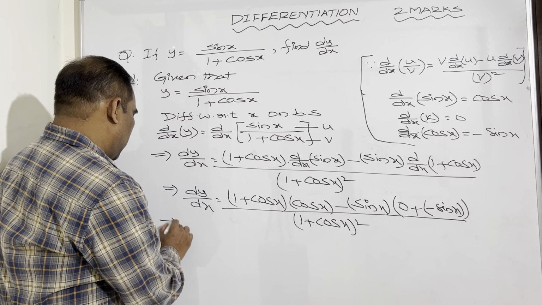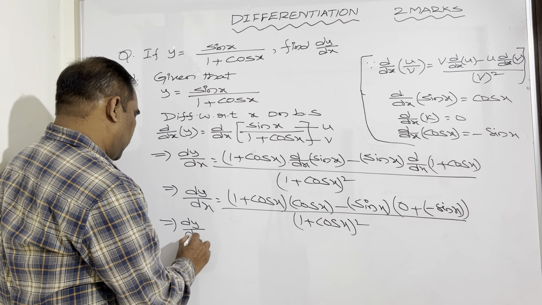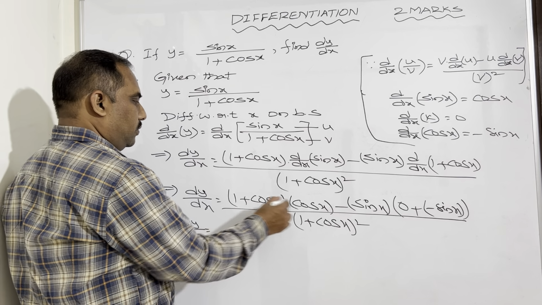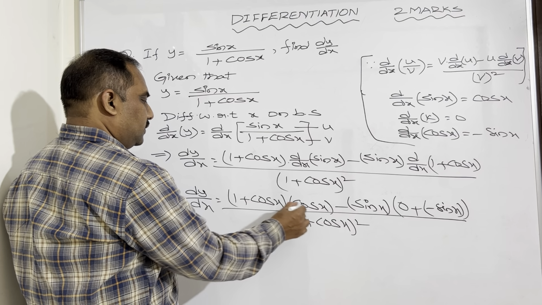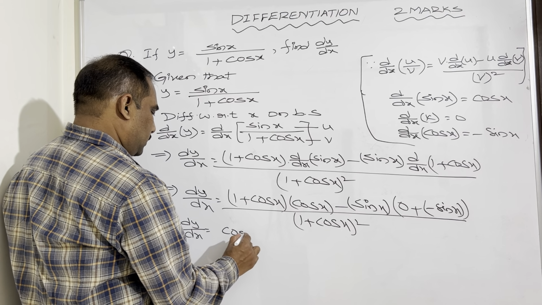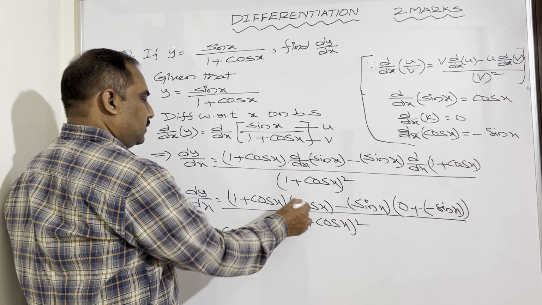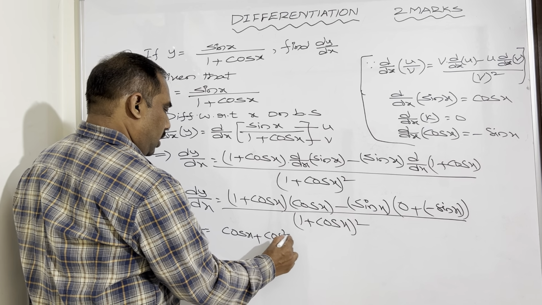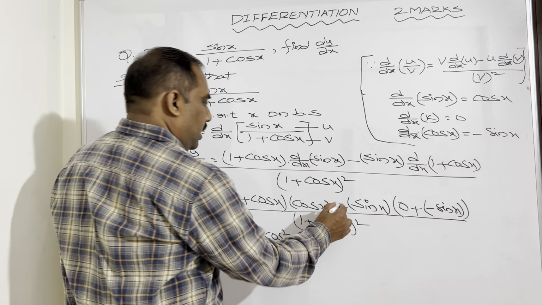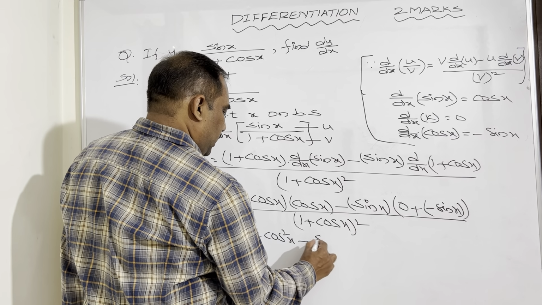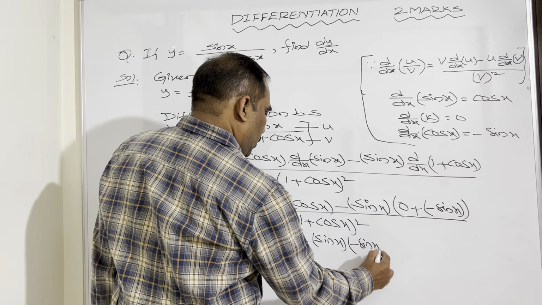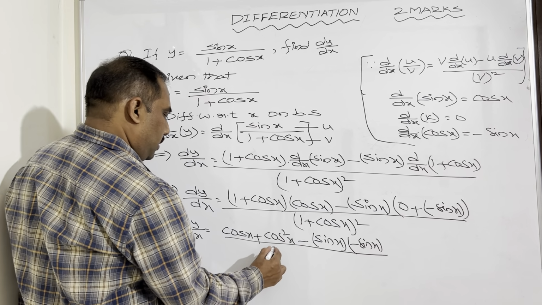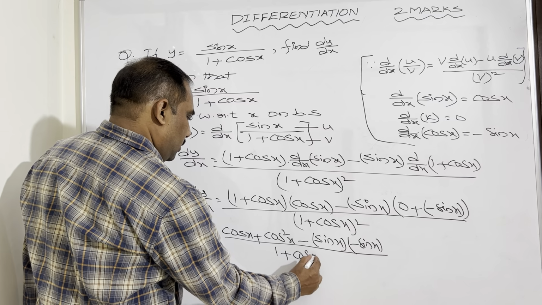Now what we get here, dy by dx is equal to, if you multiply this with cos x, cos x into 1 is cos x, and plus cos x into cos x, we get cos square x, and here minus sin x into, here plus into minus is minus sin x, whole divided by 1 plus cos x whole square.